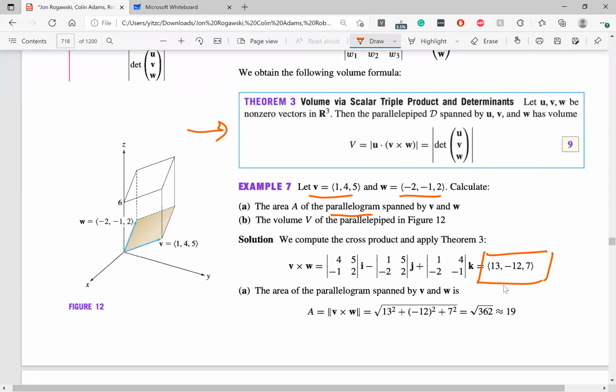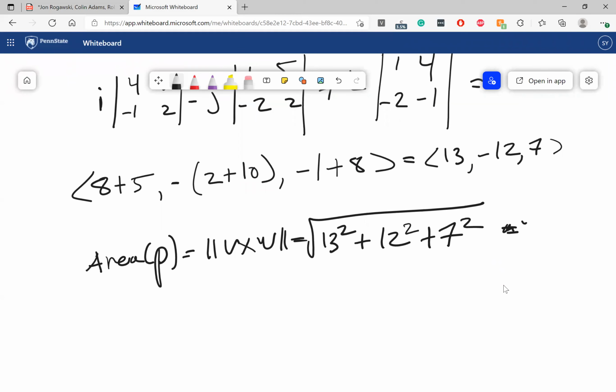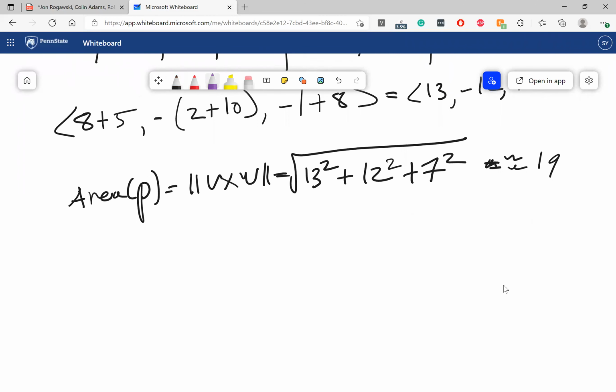They tell us that that is approximately 19. So that's the area of our parallelogram with the vectors V and W. So it's the area of this thing.